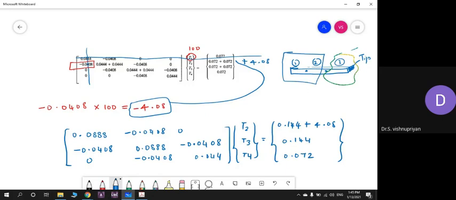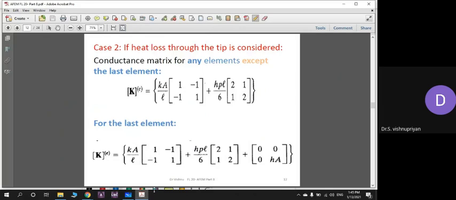This problem was not there in the first case because we ignored the tip loss. So all elements are the same in that case. But in the present case, since only element 3 is exposed to the tip heat loss, we have to do that separately and do other elements separately. This is where the thing is different.